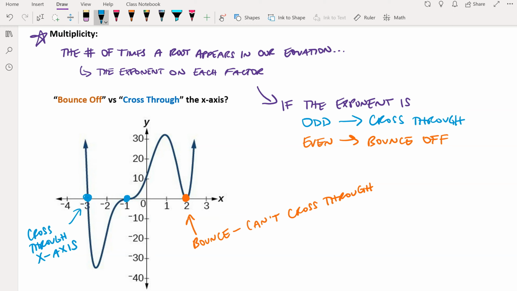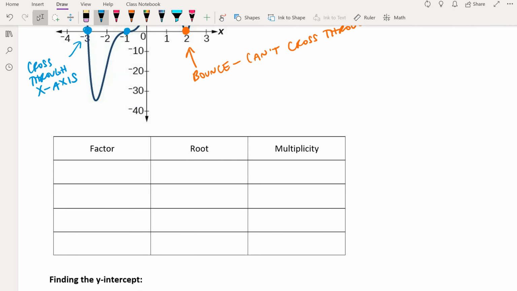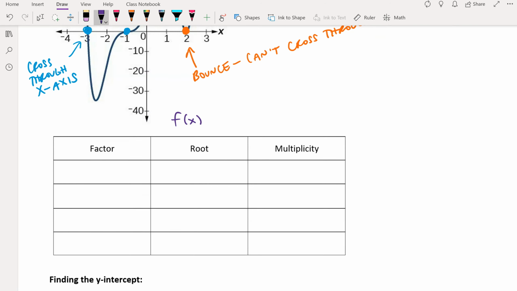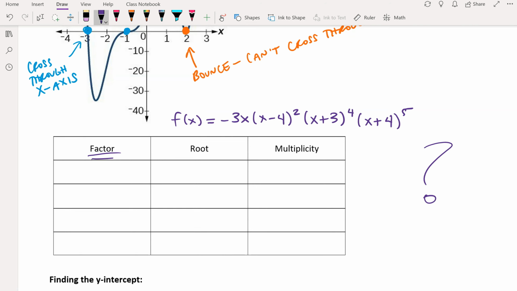So now let's write down the multiplicity of each root for the function that we are working with. I'm going to write the function again right here. We're starting with f of x equals -3x times (x minus 4) squared times (x plus 3) to the 4th times (x plus 4) to the 5th. How many factors do you see in this equation?